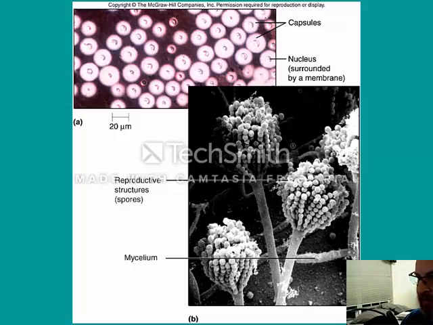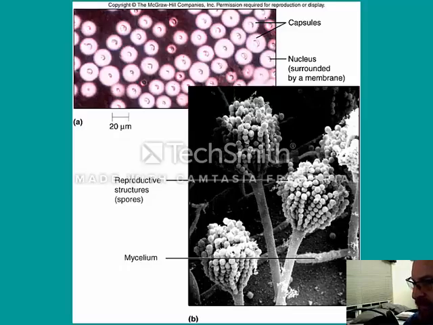Here's some molds, and the molds in panel B are a sporulating mold, and so each of those little balls there is a spore, which could go off and give you a new fungal colony somewhere.